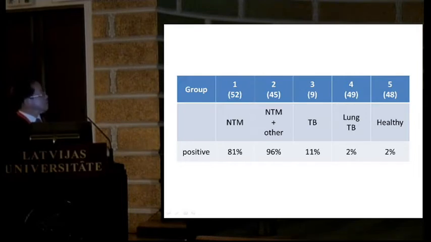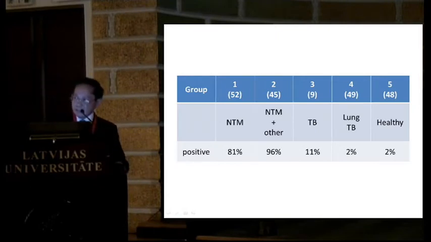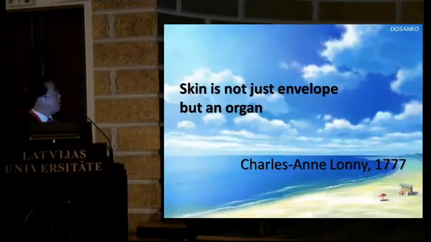Then with disseminated TB, not just pulmonary TB, about 11%. And pulmonary TB is only about 2%. Healthy patient controls about 2%. So this autoantibody did occur in a small percentage of normal individuals, but usually at a low titer. And in disseminated NTM infection, usually a high titer.